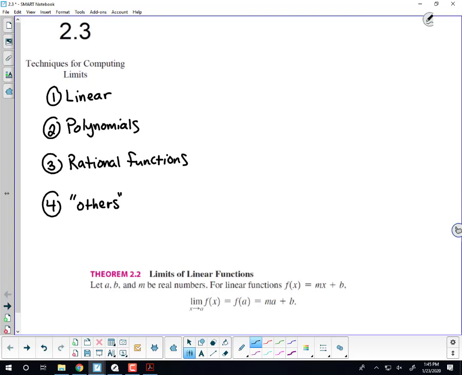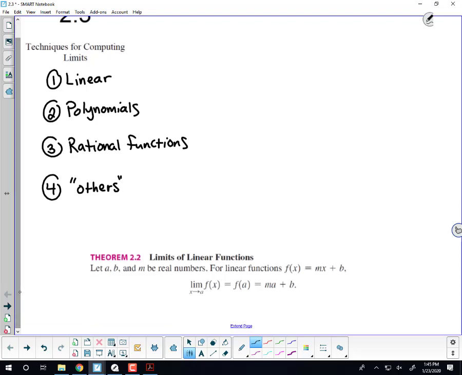Rational functions are what? Division, like 1 over x. Rational functions are when we take polynomials and divide them. So like 1 over x, or x squared plus 2x over x cubed minus 1, those are rational functions.